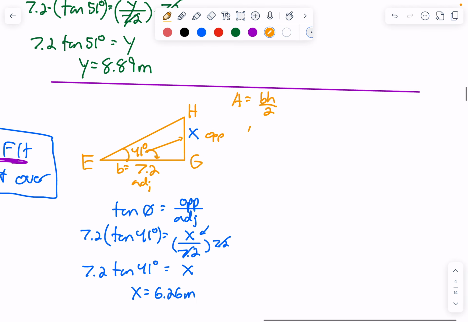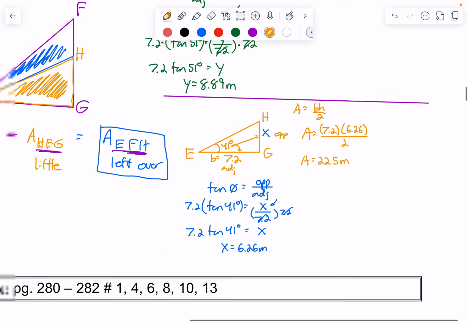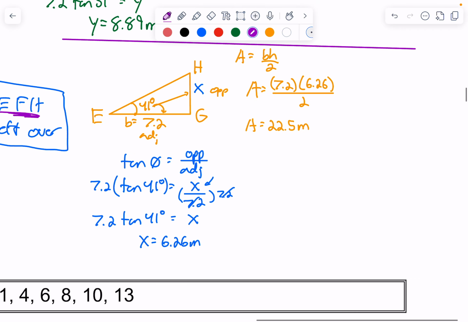So let's calculate our area. Our area is the base, 7.2, multiplied by that height we just found, 6.26, and then divided by 2. In doing that, I get an area of 22.5 meters squared. So the big problem was taking the area of the big triangle minus the smaller one.